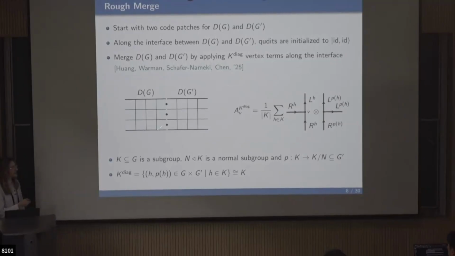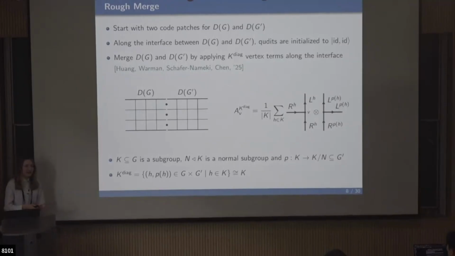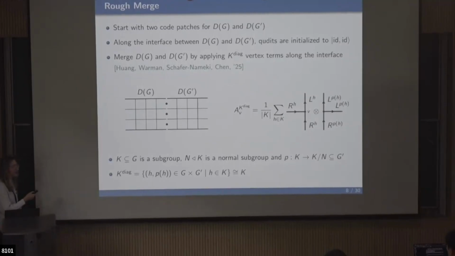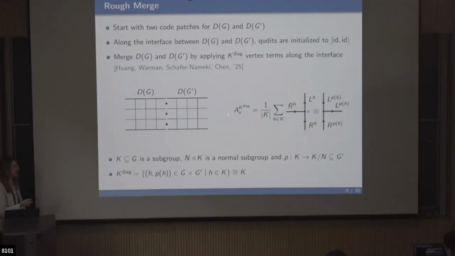If we initialize them in the identity, they will automatically minimize the B_P operators of the Hamiltonian, the ones that ensure trivial flux, because they're on the identity. But in order for this full thing to then be in the code space of the merged code, we need to measure these A_V^{K_diag} stabilizers. So basically the A_V stabilizers across the interface.